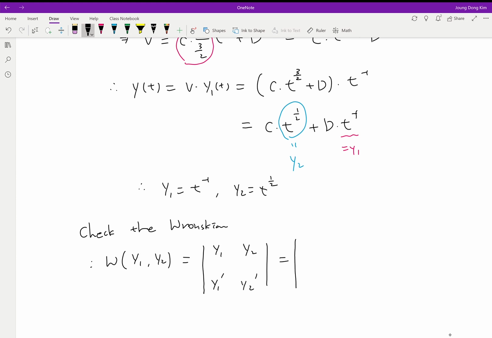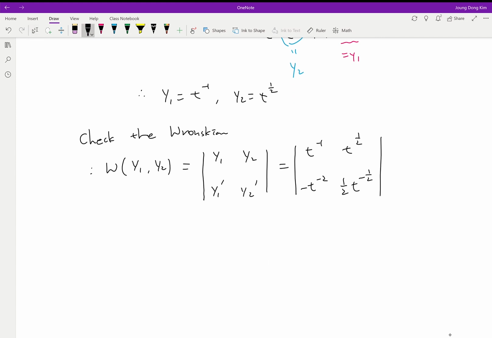y1 is t to the minus 1, and this is y2, and y1 prime is negative t to the minus 2, and y2 prime is 1/2 t to the minus 1/2. So that is equal to t to the minus 1 times 1/2 t to the minus 1/2, minus t to the 1/2 times minus t to the minus 2.